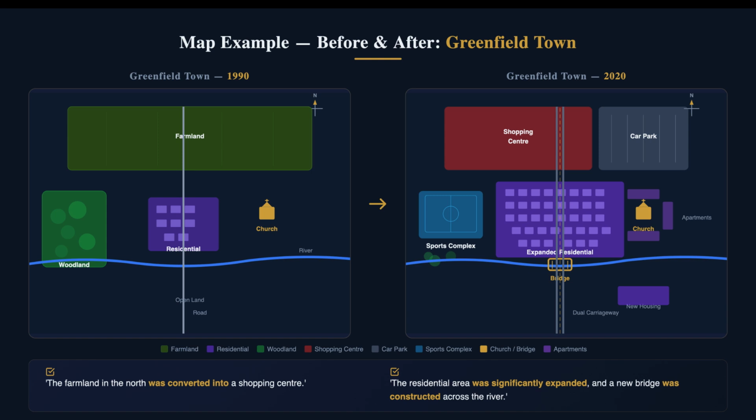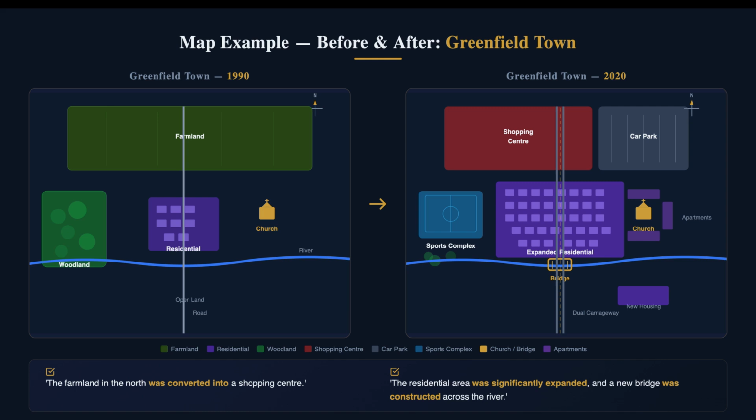So if you look at the Greenfield Town 1990, you would see the dark green area that is farmland. And then if you compare to the 2020 version, the farmland is being converted into the shopping center and the gray area that is car park.